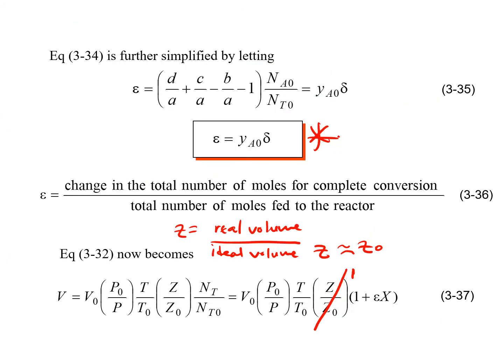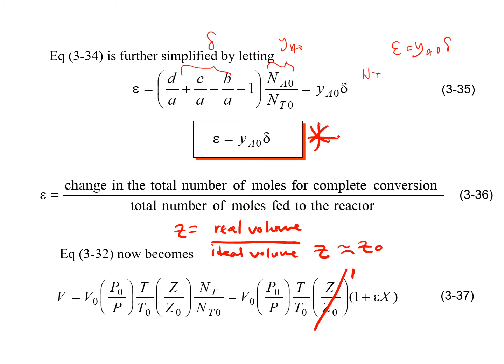Equation 3-34 is further simplified by letting epsilon equal YA0 times delta.